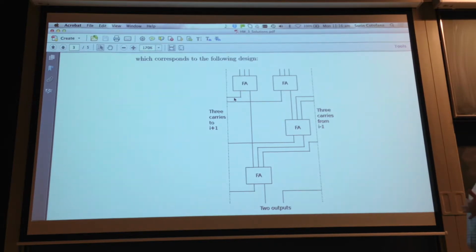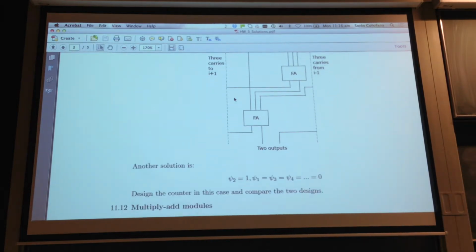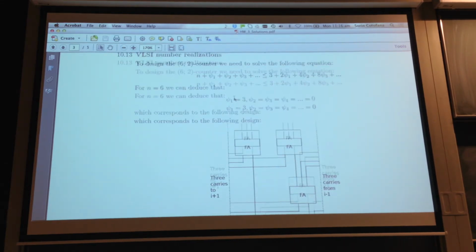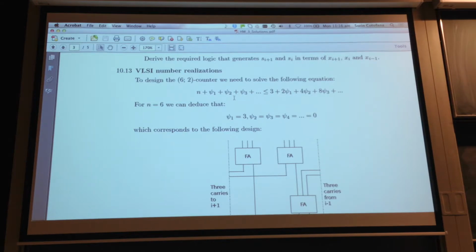Now, this is one solution. There is another solution, and the other solution is this one. I can assume that now this is 0, and I'm only generating carries to the next position. Then not to my next, next to next.